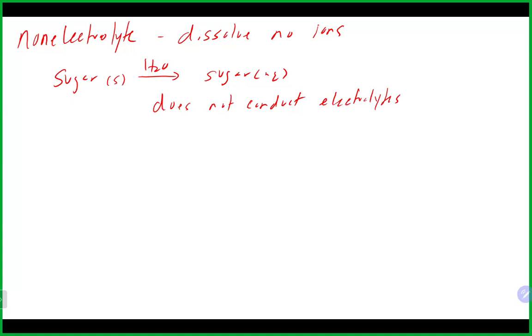But it is true pretty much mostly with covalent bonds, because they are covalently bonded, you don't really have any ions. So even though it may dissolve, it's just going to dissolve as a whole thing, and won't conduct any electricity. Other questions on that? So that should be chapter 4.